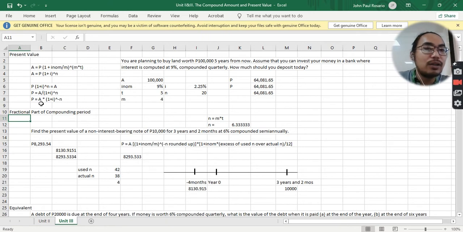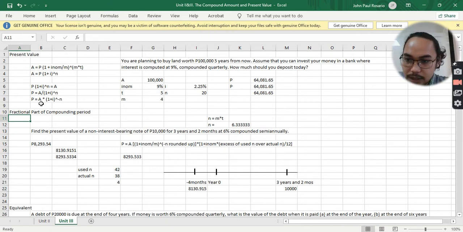For the fractional part of compounding period in present value, you round up. By round up, it means you get the whole number of the compounding periods, and then you add 1.